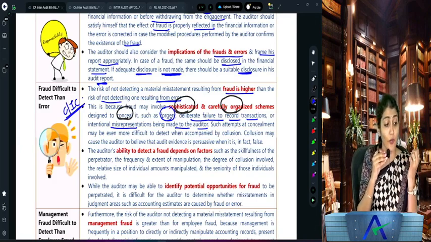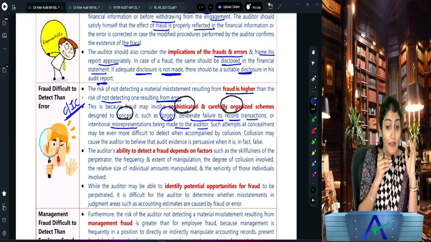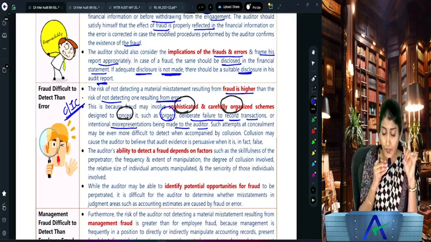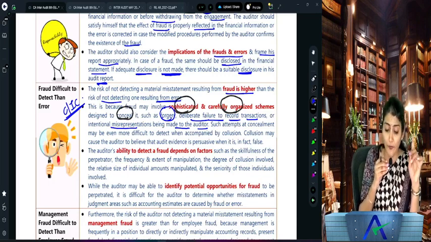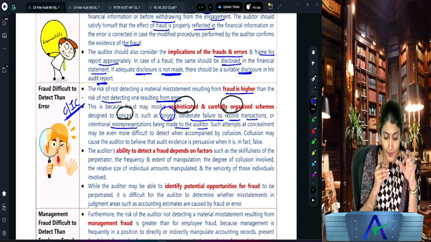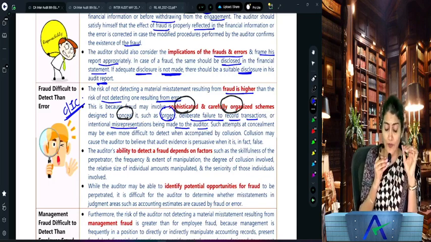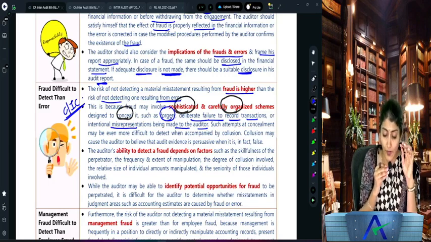Why? Because fraud involves sophisticated and carefully organized schemes designed to conceal it, such as forgery, deliberate failure to record the transactions, or intentional misrepresentations being made to the auditor.